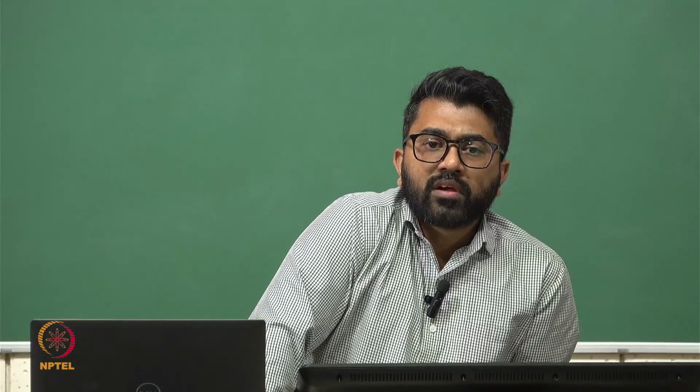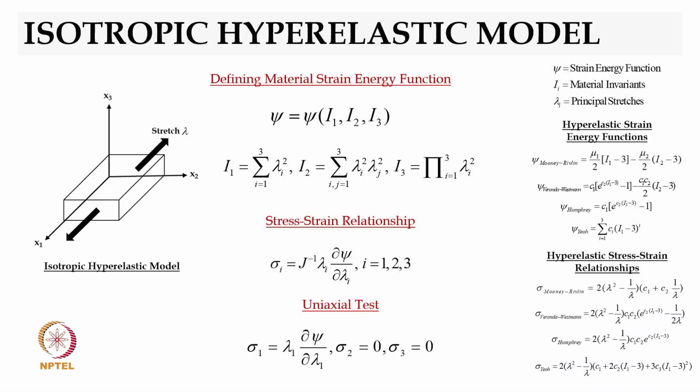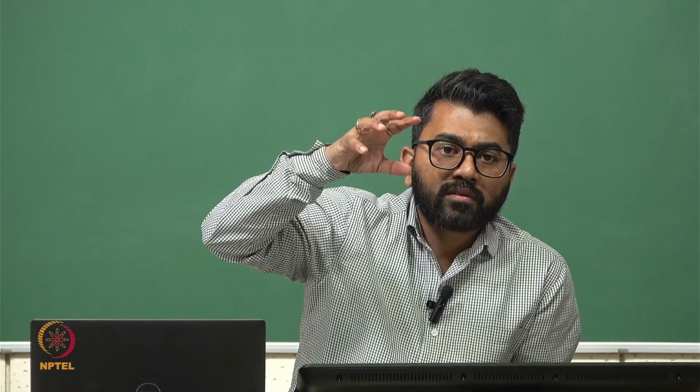So we consider these three directions, and we should always have a convention system. This is a system where you have the origin, this entire block is hinged at the origin, and you have x1, x2, x3, which are essentially your x, y, and z directions. So if I apply a stretch lambda along the x1 direction, which is almost the x direction, it is the same, just the definitions are different.